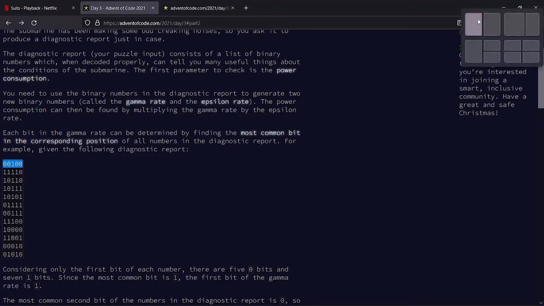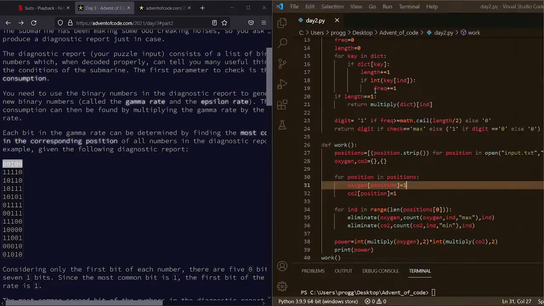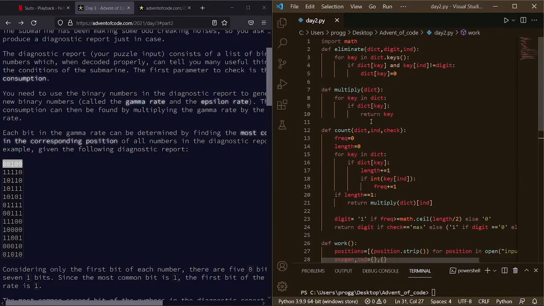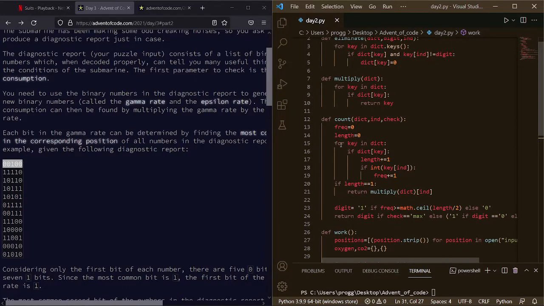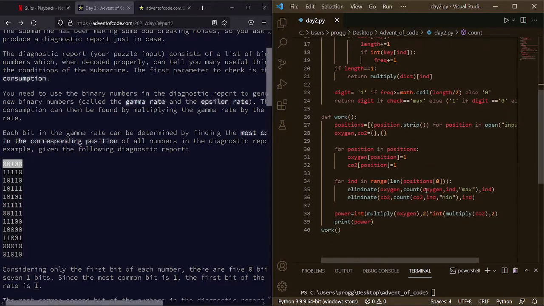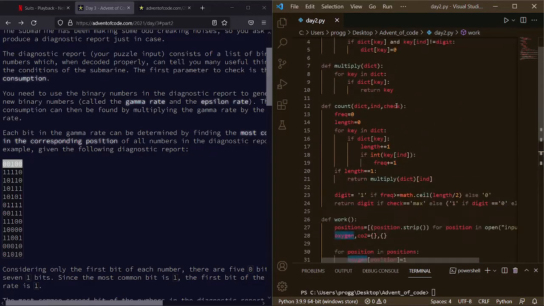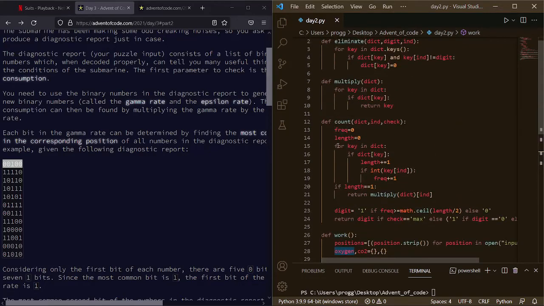So in the count function, what we're doing is, for key in dictionary, we are passing the oxygen dictionary here, and we say that for every number which is in the dictionary, because these numbers are the keys of the dictionary, of both the dictionaries.